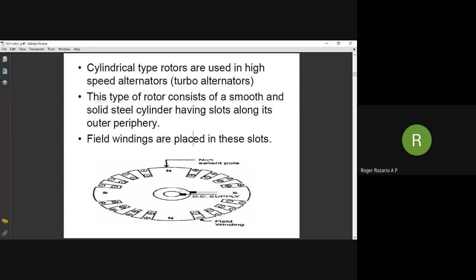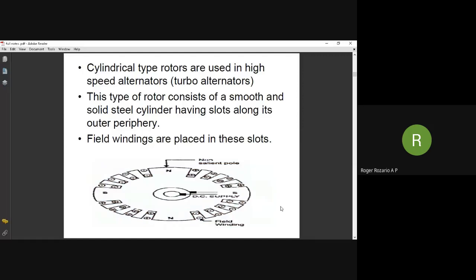Field windings are placed in the slots. See, field windings are given a DC supply and they are placed in the slots. This is one slot, this is one more slot, this is one more slot. In the slots there are conductors, nothing but windings. So these windings are given DC supply.